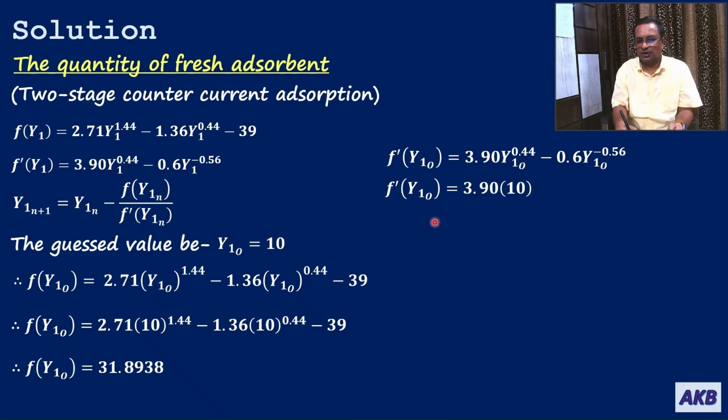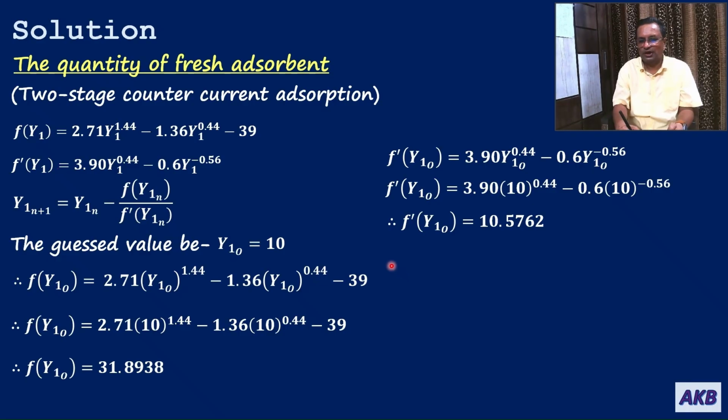If you put in the values, f dash of y10 will be equal to 3.9 into 10 raised to 0.44 minus 0.6 into 10 raised to minus 0.56. If you solve this, you are going to get f dash of y10 as 10.5762.